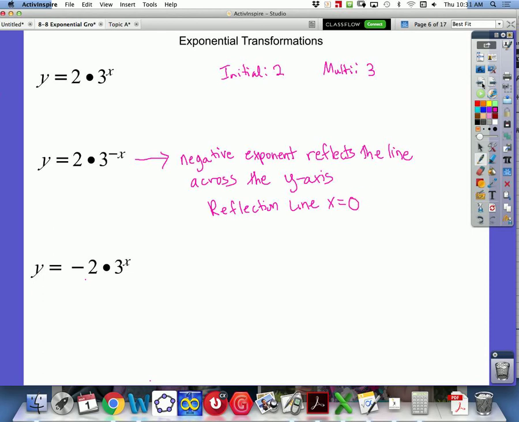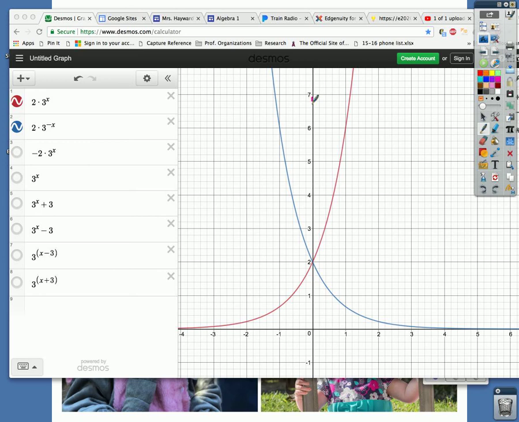Because technically if we go back right here, the y-axis is the line where x is equal to 0. So anytime we leave these two numbers the same, if all we do is change the exponent from a positive to a negative, that means everything just becomes a mirror image and it reflects across that line.